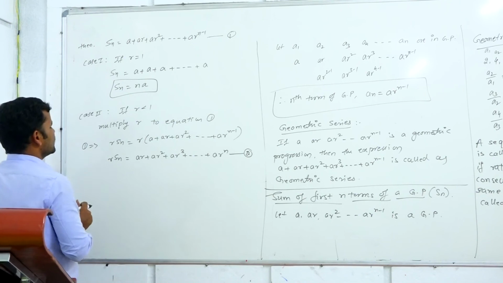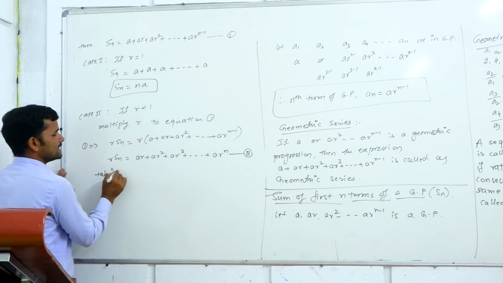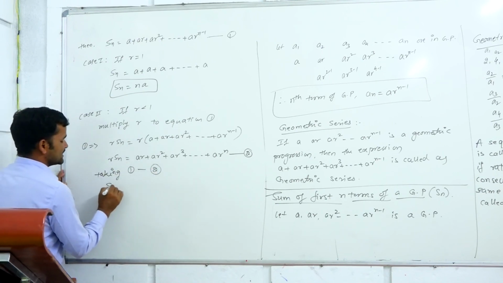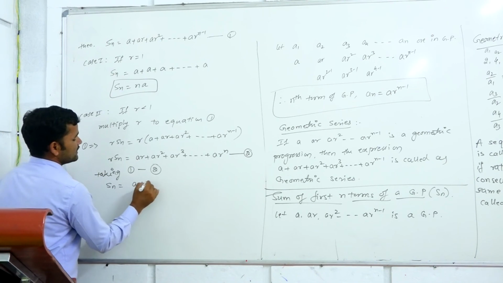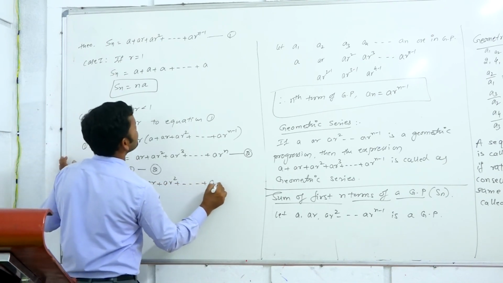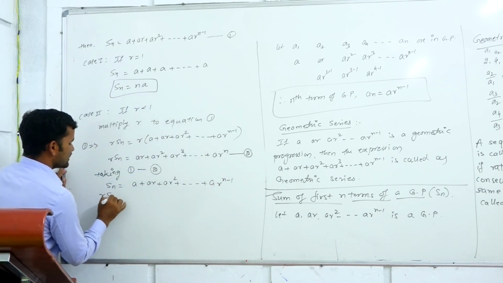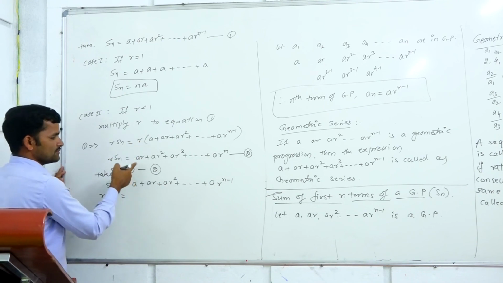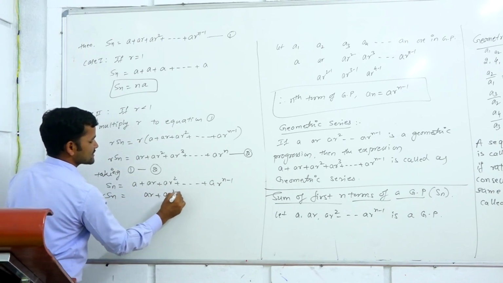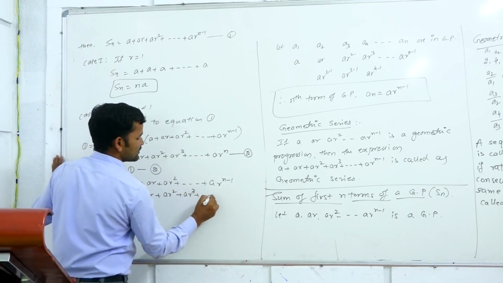Okay, we will take here the operation equation 1 minus equation 2. This is Sn is equal to a plus ar square so on up to a into r to the power of n minus 1. Now the second one, r into Sn is equal to, I am subtracting that, ar plus ar square plus ar cube plus so on.